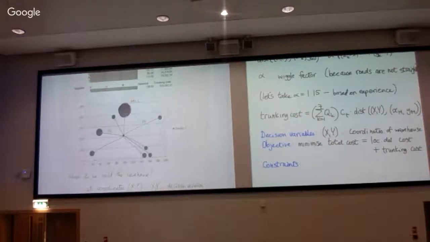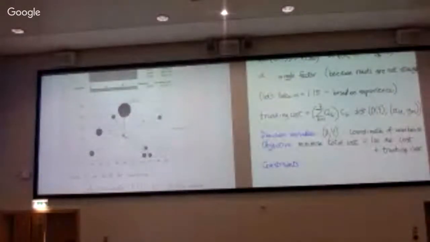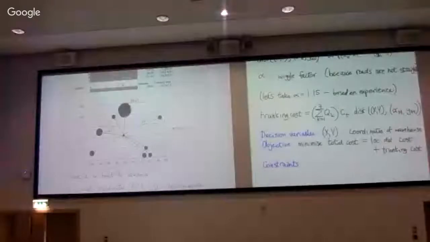But here, I don't think we need that, because if we build the warehouse to the left of that straight line and the axis, then it doesn't really matter, does it?